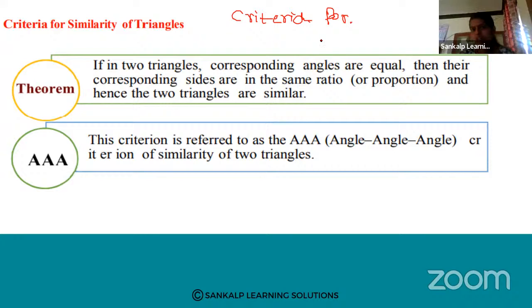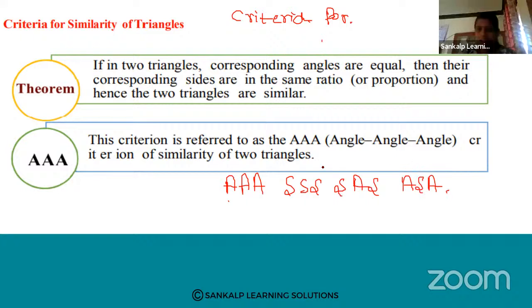In the case of congruency, what did we observe? Angle property, side property.